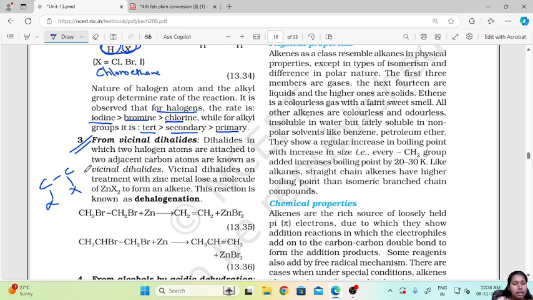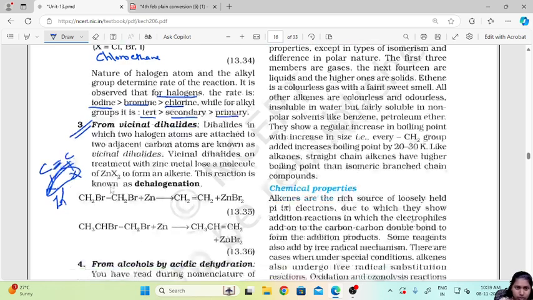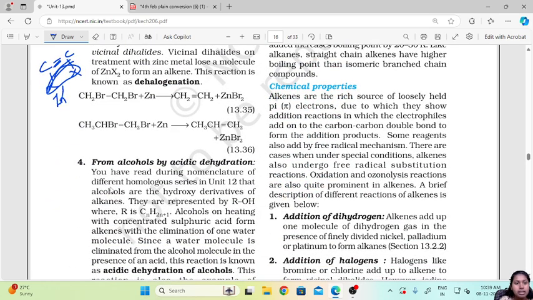Vicinal dihalides on treatment with zinc metal lose a molecule of ZnX2. When you react them with Zn, these two halogens are taken up by Zn and the double bond is formed here. This is called dehalogenation.